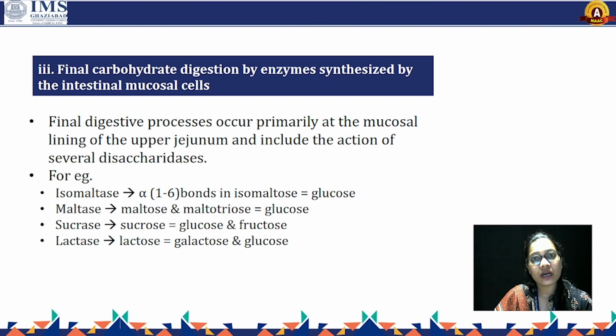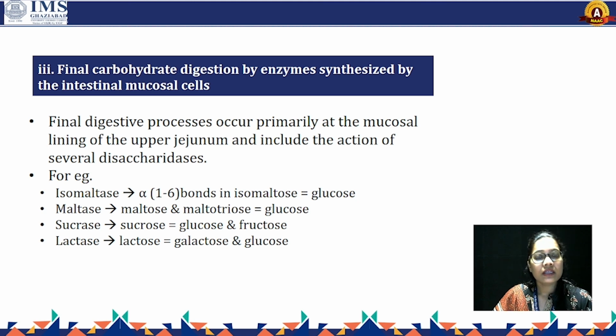The duodenum and upper jejunum play an important role in the final digestion of the carbohydrate product and the absorption of the food product. The final digestive processes occur primarily at the mucosal lining of the upper jejunum and include the action of several disaccharidases. What's the reason?